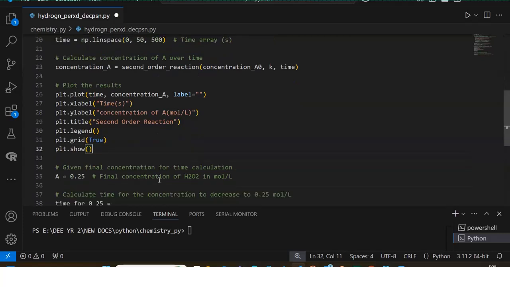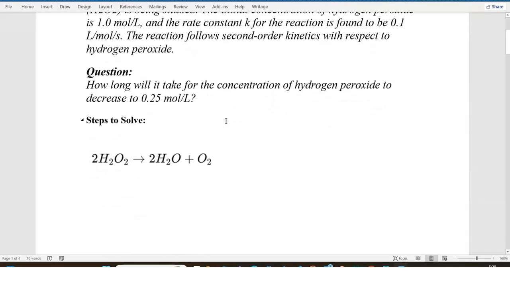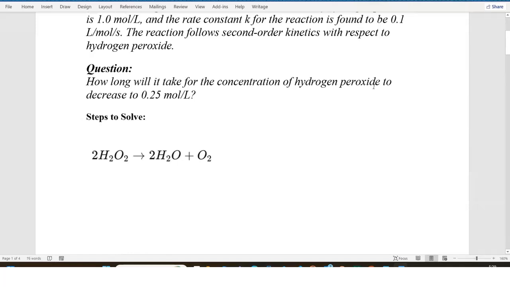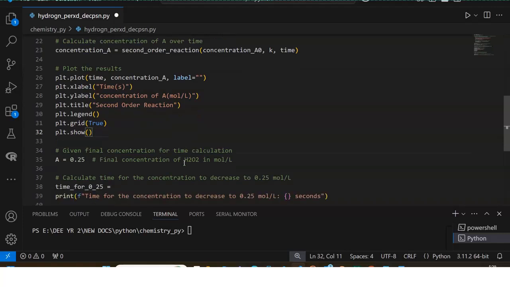Now, we need to look at the question that has been asked. The question was: how long will it take for the concentration of hydrogen peroxide to decrease to 0.25 moles per liter? So what we are doing here is to initialize. Let the concentration of A be 0.25.